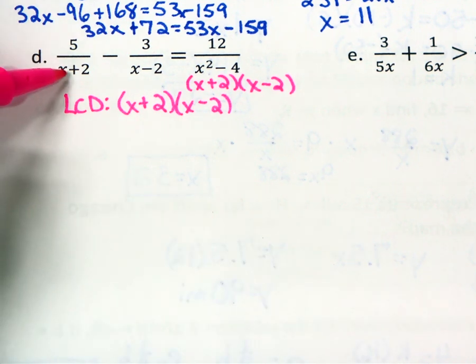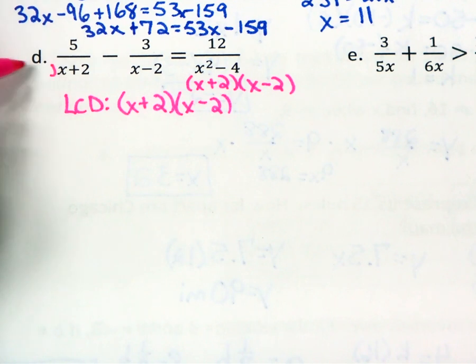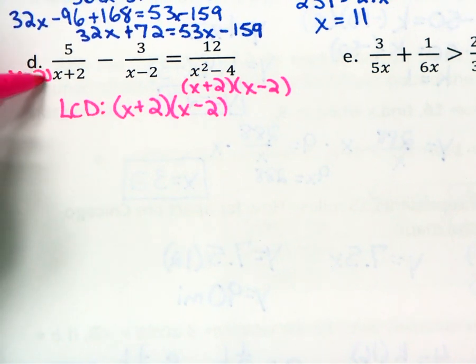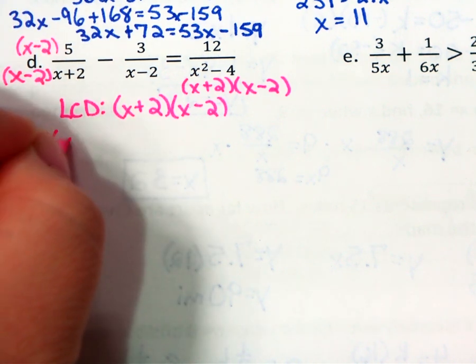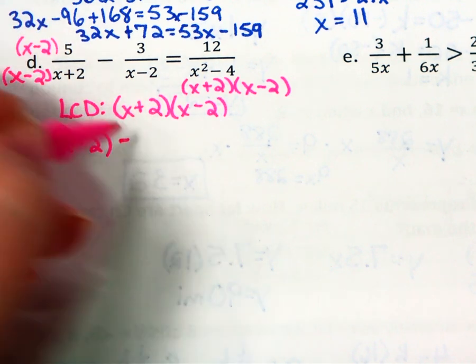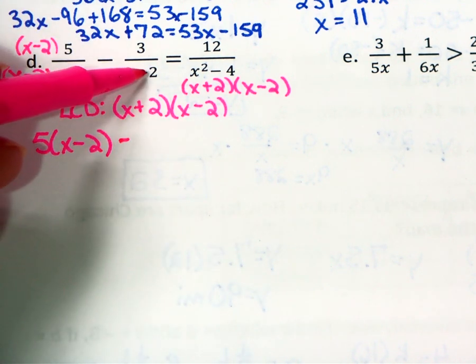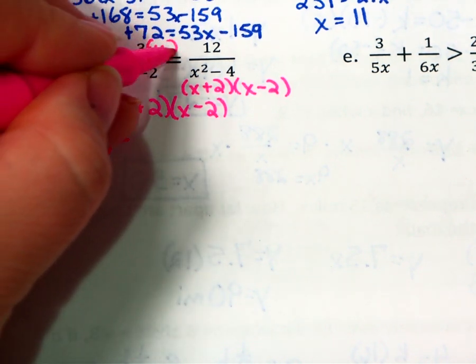The first denominator already has an x plus 2, but it needs an x minus 2. So I have 5 times x minus 2, because we focus only on the numerators with equations, minus the second equation has x minus 2, but it needs an x plus 2.